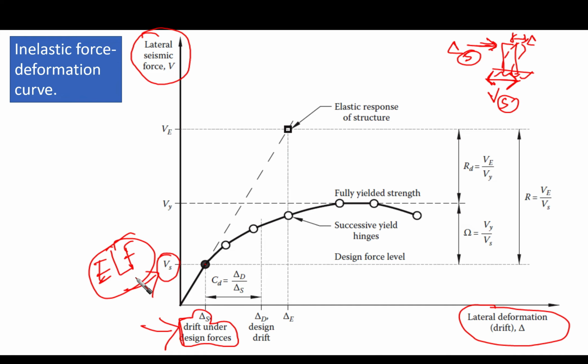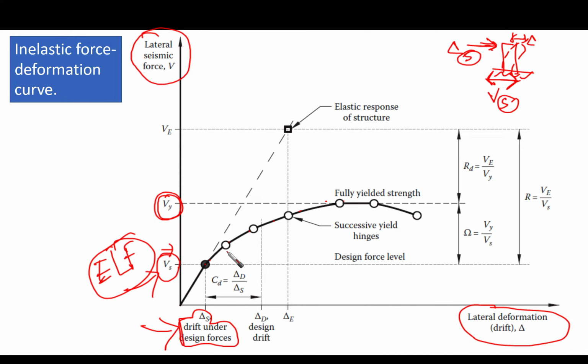But the structure itself does not stop at this point. If you increase the loads on the structure, you're going to find that it goes into this behavior until it reaches one important stage. We call it VY, the fully yielded strength.